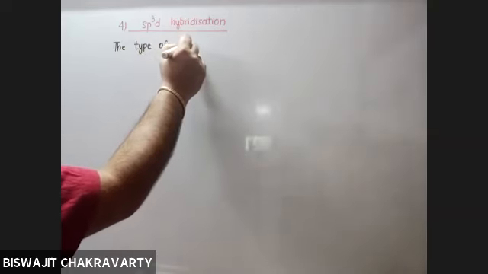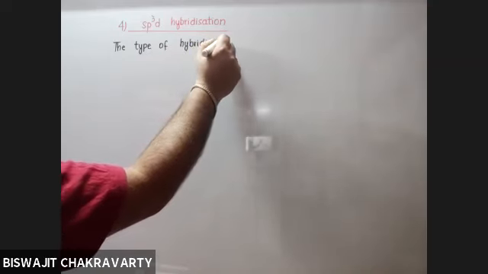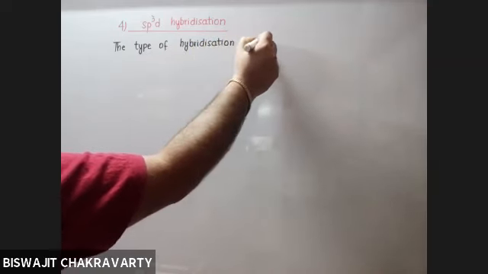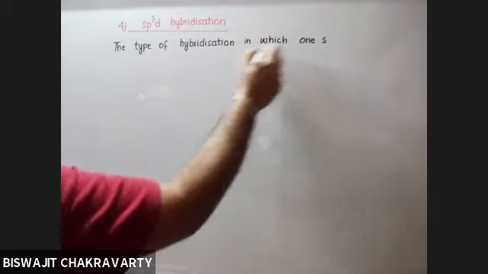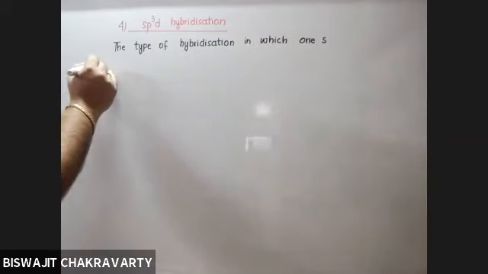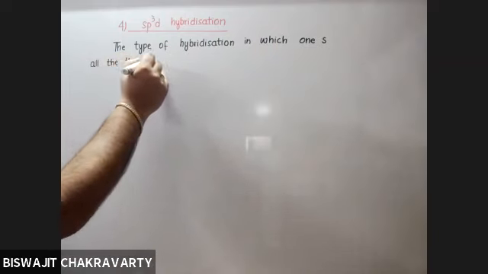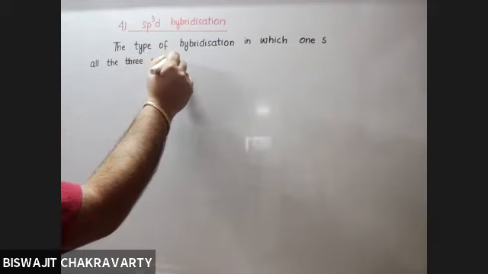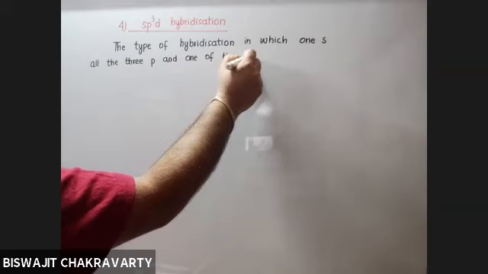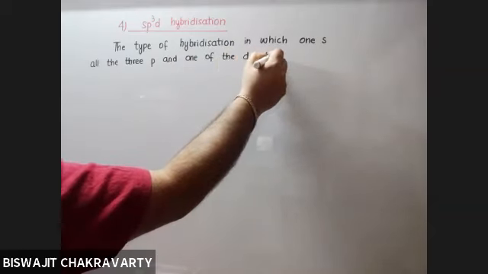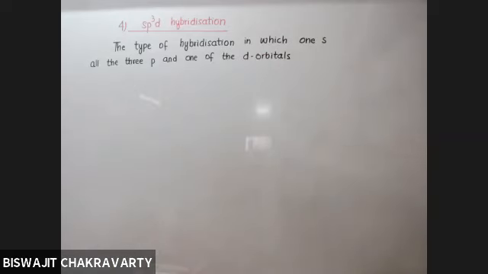The type of hybridization in which one s, all the three p and one of the d orbitals are involved. There are 5 d orbitals, but not all d orbitals are involved.